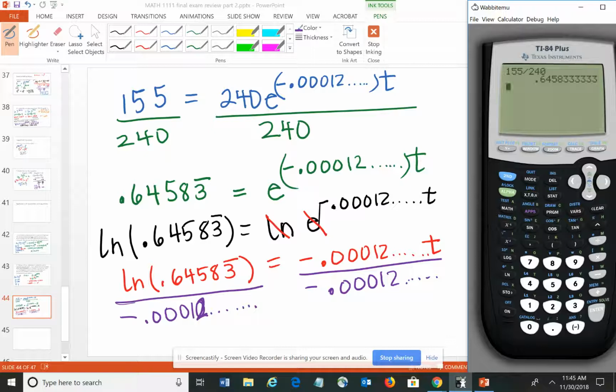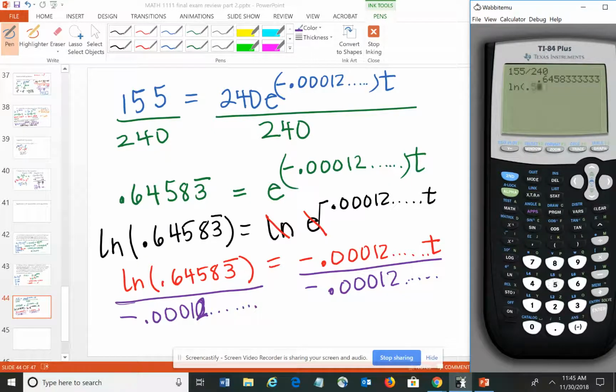Before I do that, though, let me go back and get the half-life rate of decay again. That was the natural log of 1/2 divided by 5,730. And I'm going to store it. You can store it if you press store and then alpha A. So I've stored that number in my calculator so I can use it. Then let's go back.